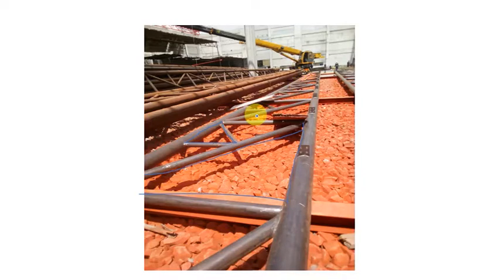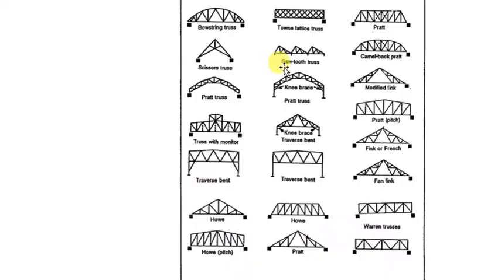Well, back to our question, why are these shapes triangular, right? If you look at all these types of trusses, if you're keen enough, you'll realize that these shapes are triangular. These are different types of standard trusses, to be specific. We have a Pratt truss here. We have a scissors truss. We have a traverse bent truss, right?